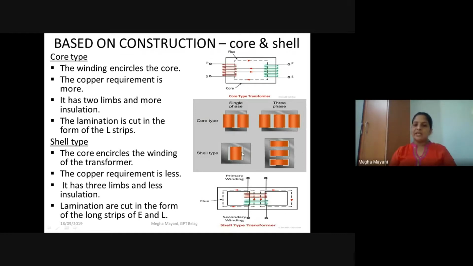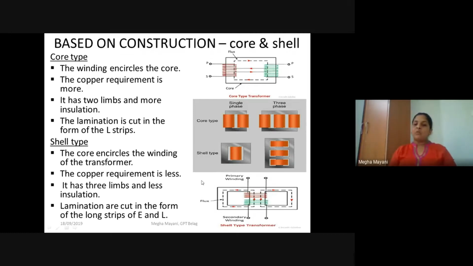Whereas in shell type, the copper requirement, because it is the core which is encircling, you have only a small winding present which is surrounded by the core. So the copper requirement is less, and it has three limbs. You can see 1, 2, 3. In case of single phase, you have two limbs here, three limbs here. Whereas when you go to three phase, it will be three limbs for core type, it will be four limbs for shell type.